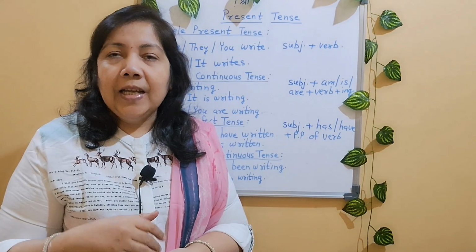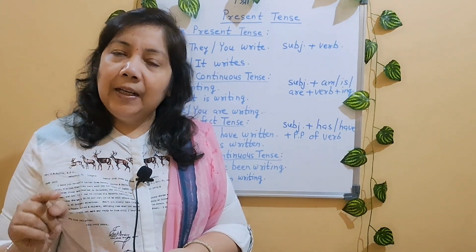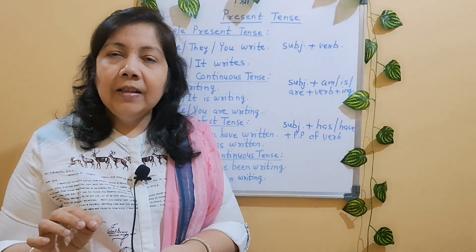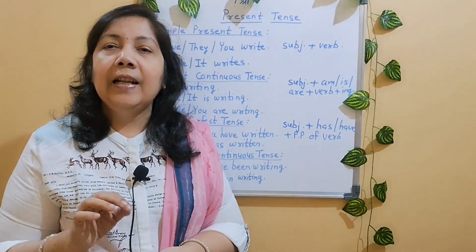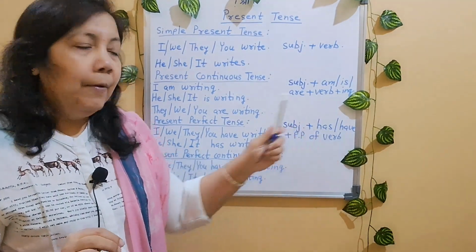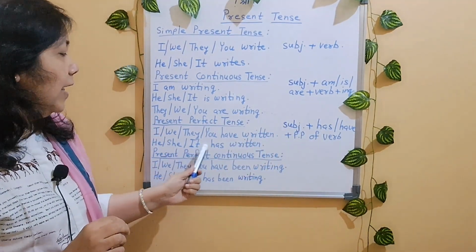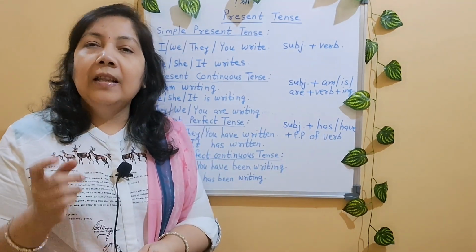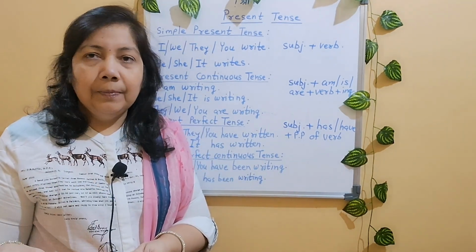Suppose the subject is he or she or it, then you have to take has. He has written, she has written, it has written. So it is either has or have. He or she or it has written. Written is past participle, the third form of the verb.